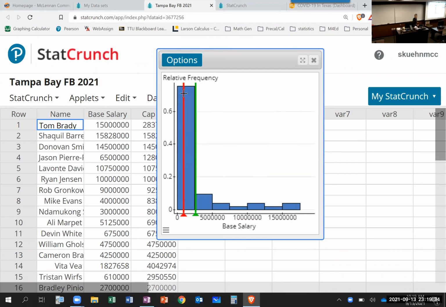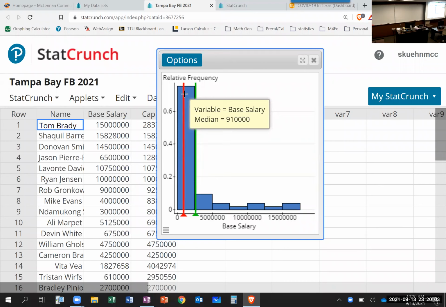So if we just think about where the median is falling, which is just slightly to the left of the middle of that tall bar right there, then we can see that half of the players on this team are here just to the left of that bar, right? Half of the players are there. And then the other half represent this value over here, right?